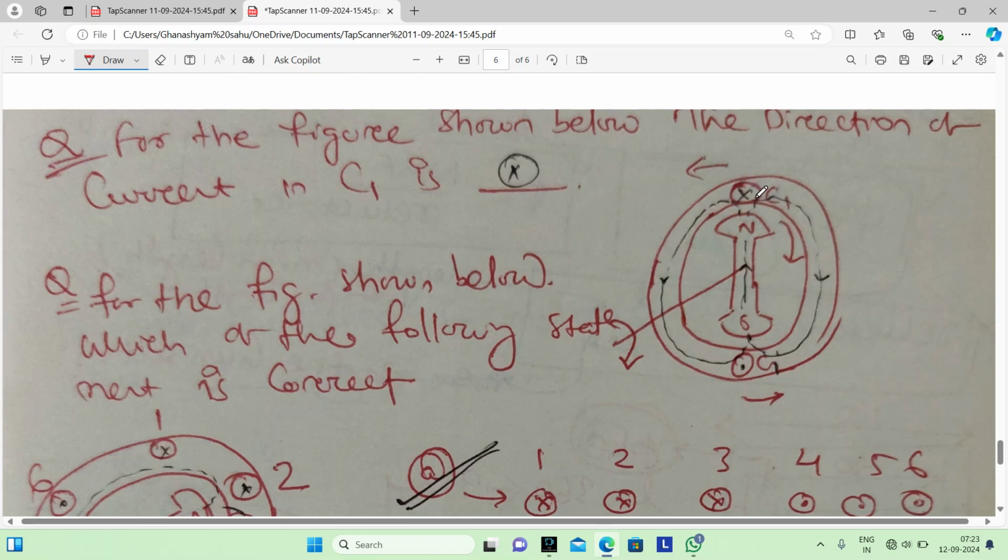If this conductor is moving in this direction, then the thumb will be placed in this direction, and the flux is at 90 degrees to it. So thumb, flux, and the middle finger is at 90 degrees to this. That means cross in C1 and dot in C2. That's why cross in C1.